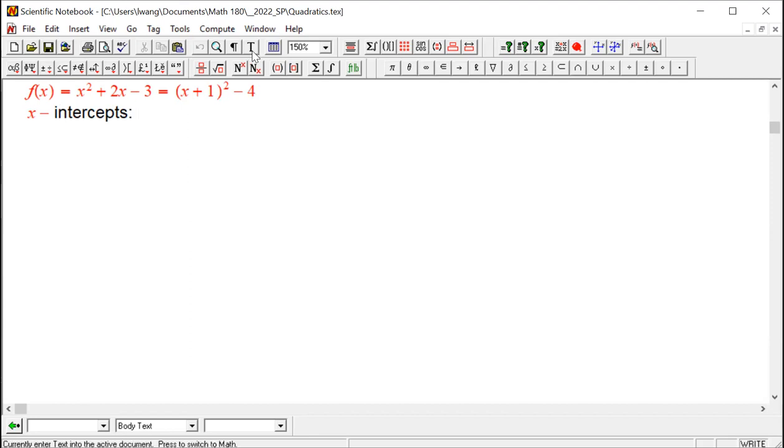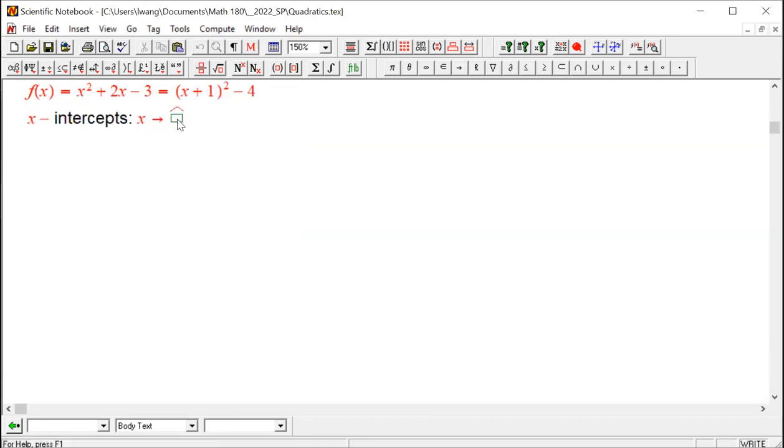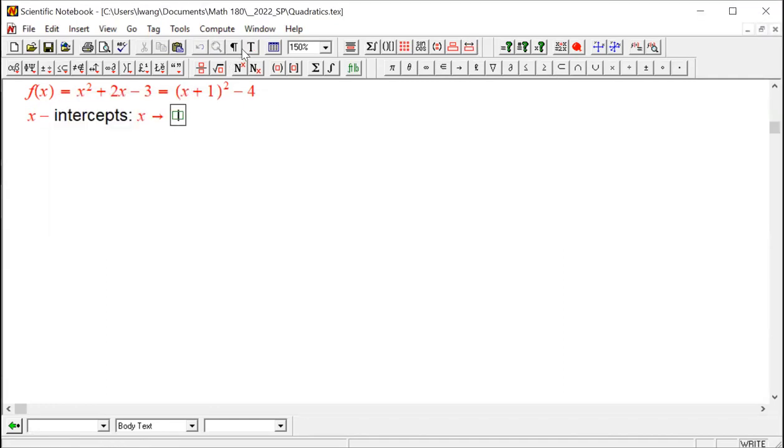An x-intercept basically tells us that we want to identify the input such that the output is 0. That's the meaning of x-intercept.